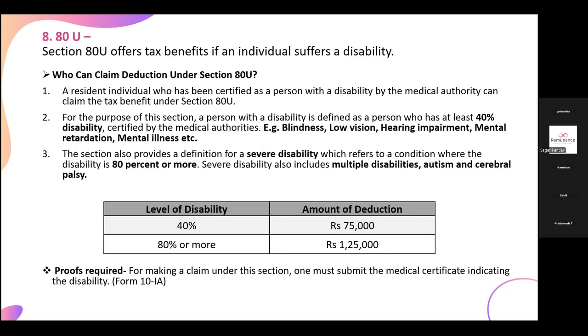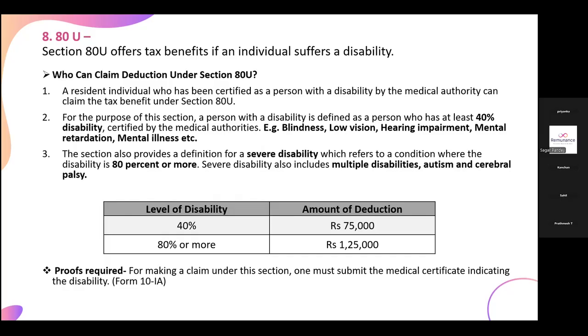Next is 80U. So 80U is basically for an individual who suffers a disability. Earlier we saw 80DD, which is for a dependent who is having disability, and 80U is for an individual who suffers disability. Under this section, a person with disability is defined as a person who has at least 40% of disability.